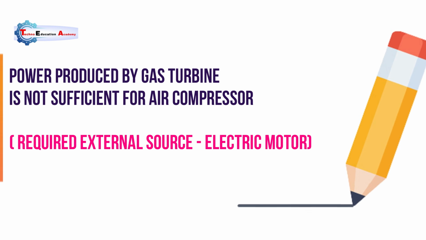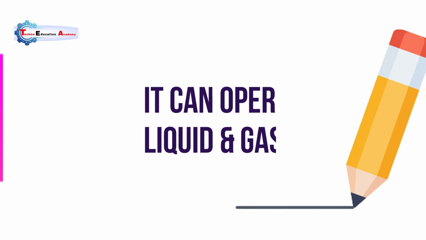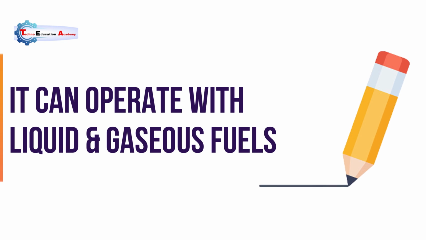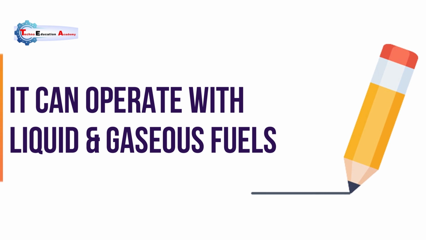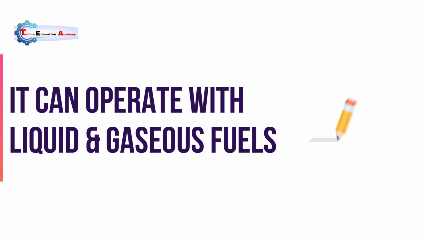It can operate on liquid or gaseous fuel only, because if solid fuel is used, then grit in the hot flue gases may damage the boiler tubes due to impact. So this is the limitation of the Velox boiler.